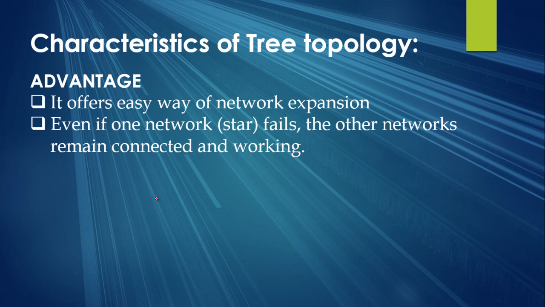Even if one network fails, suppose the network of one lab is not working, it doesn't mean that the different labs cannot communicate with each other. Yes, they can communicate with each other. Even if one network fails, the other networks remain connected and working. If one star topology fails, then the other networks will work in the normal manner.